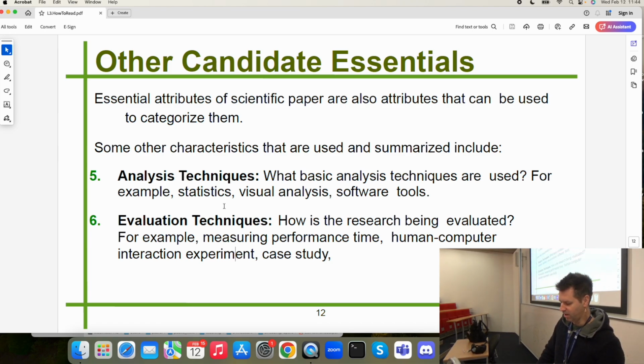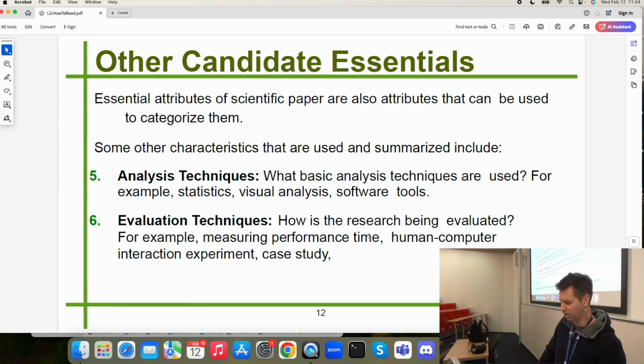What basic analysis techniques are used? Is it statistics? Is it a visual analysis? Is it software? How is the research being evaluated? For example, are the researchers measuring performance time, like in the previous example? That's the evaluation technique, measuring performance time.